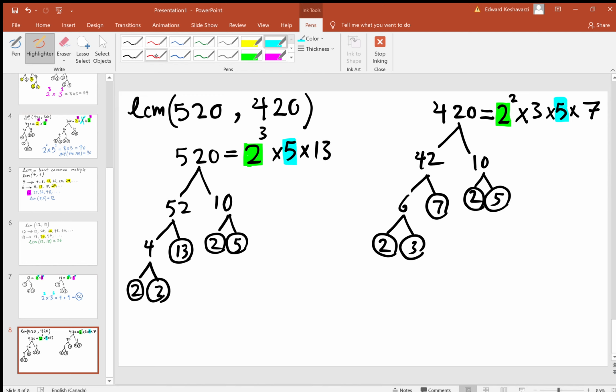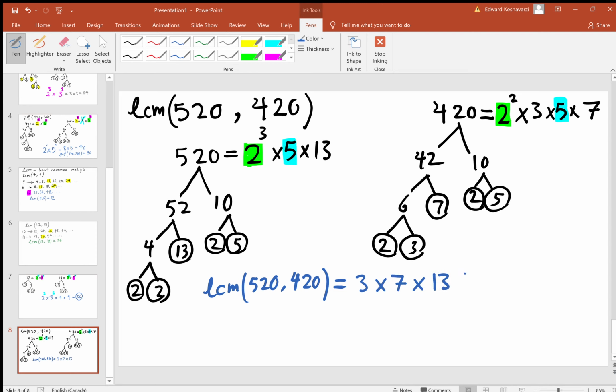So this is how you get the LCM. First, you write those numbers that are not in common. Just copy them down. So 3 times 7 times 13.